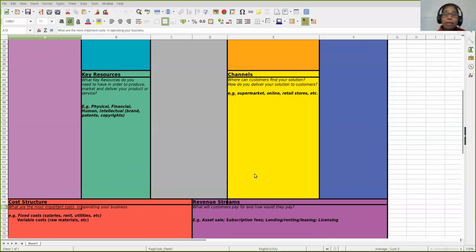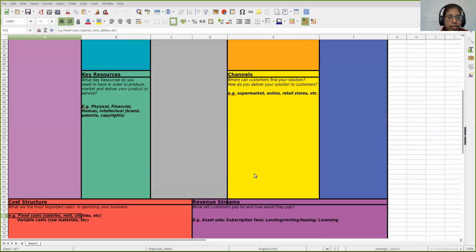So, what are the most important costs in operating your business? And you can pull this information from your startup cost worksheet where you would have classified your costs into various things. Now, don't worry too much about these two terms, fixed costs and variable costs. They are quite simple.